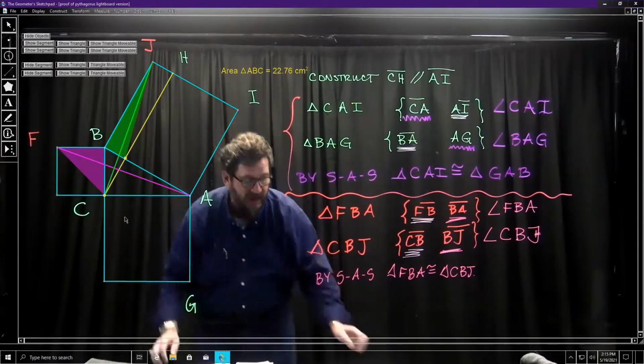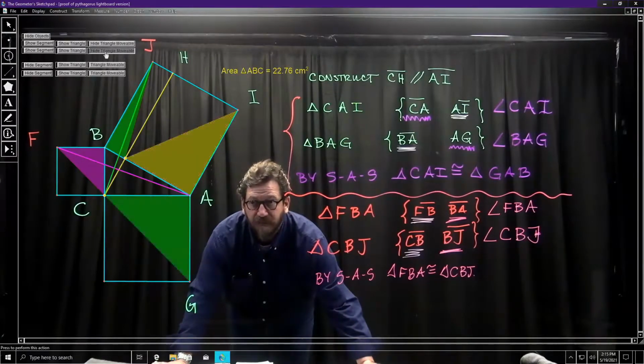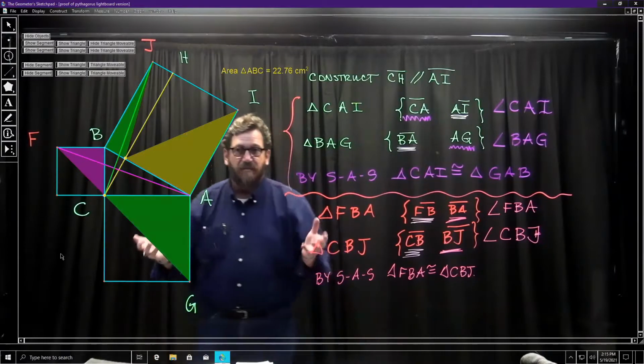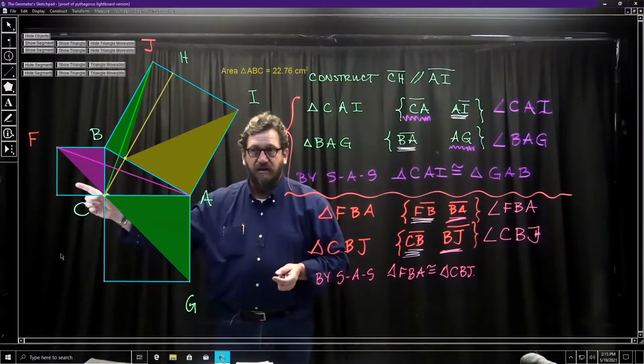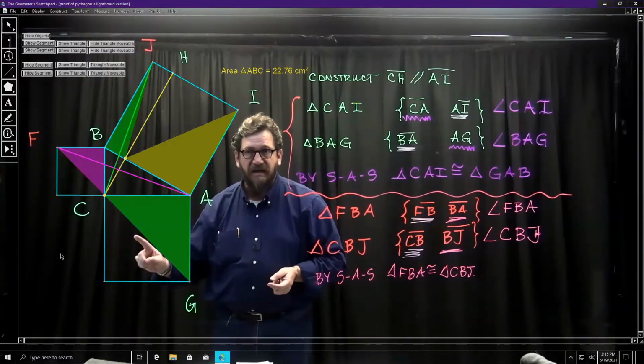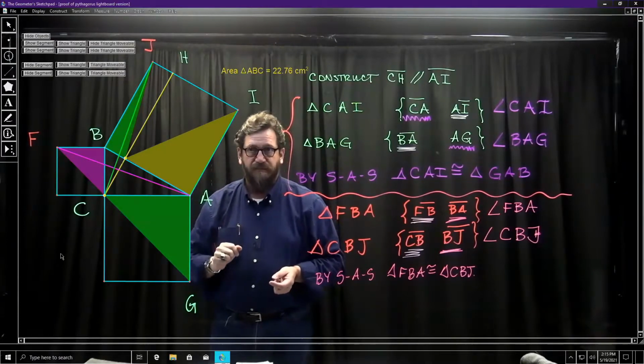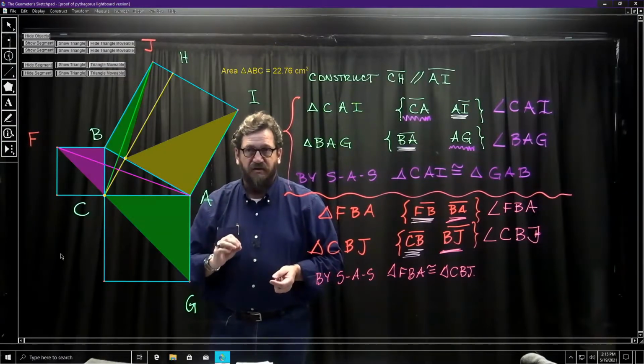So when I add all of this together, I have demonstrated that the sum of the squares on the legs is equal to the square on the hypotenuse. And that is the technically correct way to state Pythagoras' theorem.